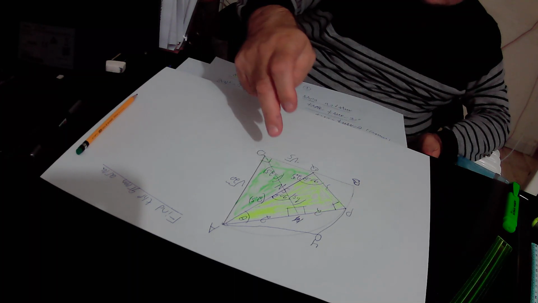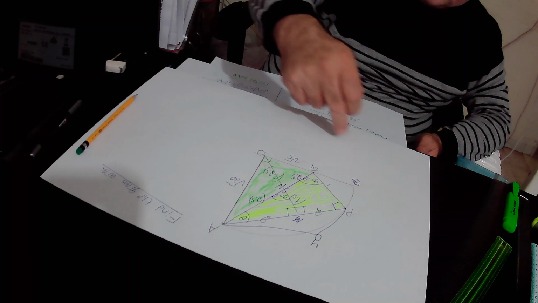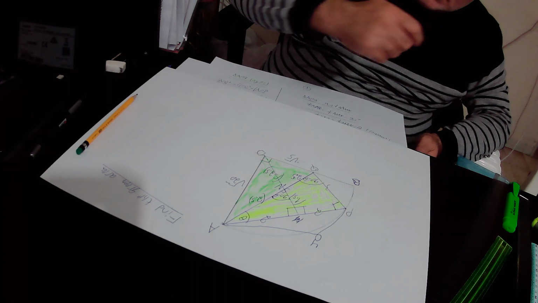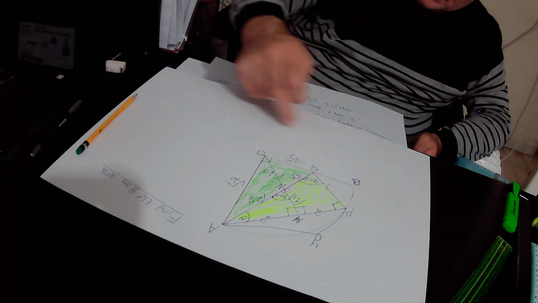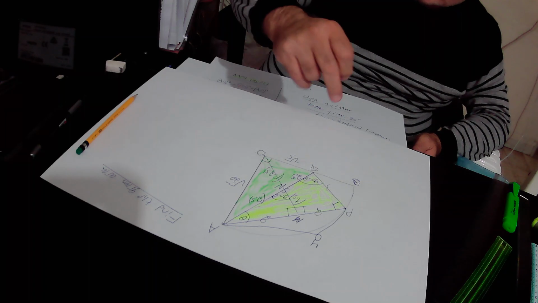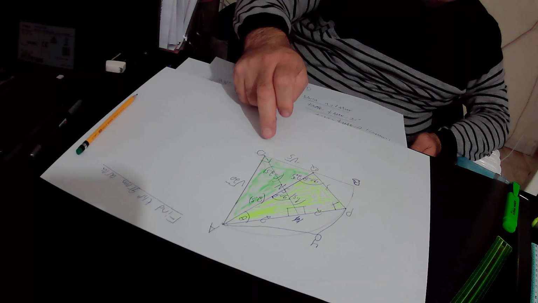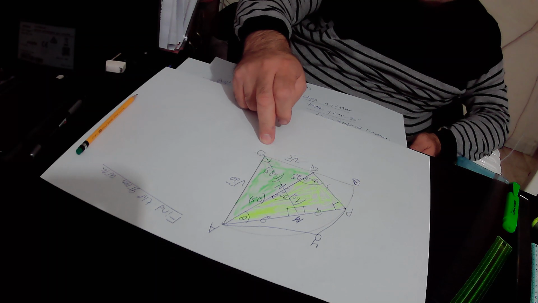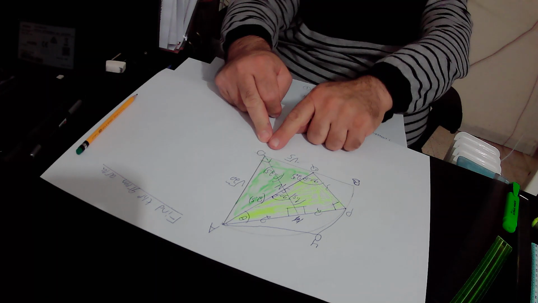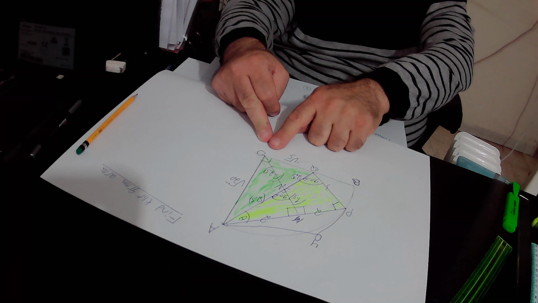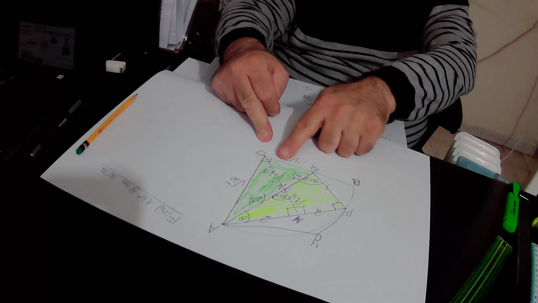ABO is a quarter circle, so we can complete it to a circle. So we have here a circle, and the center of the circle is at point O. We draw from point O a perpendicular on chord AP.